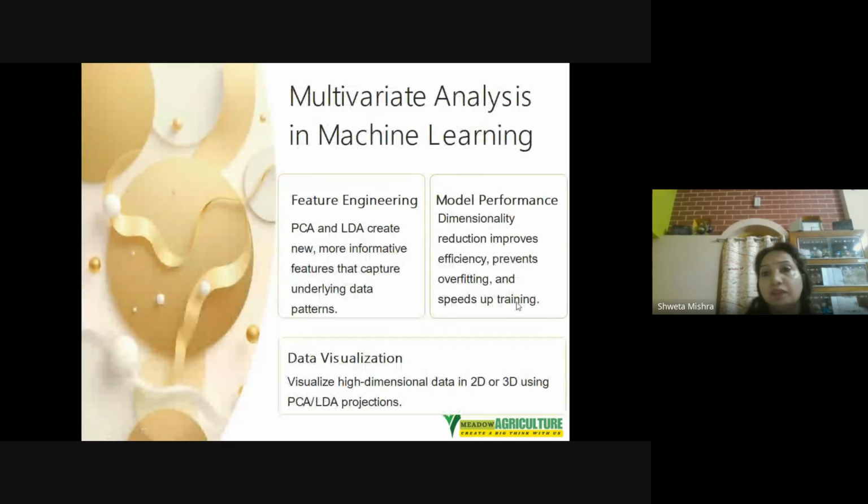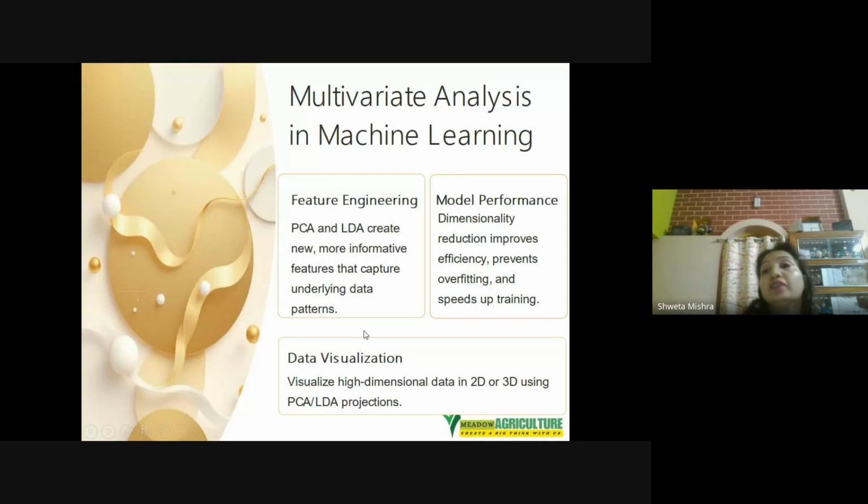With the help of machine learning, we will be able to understand feature engineering. We can say extracting really informative or useful data, actually important data, so we can understand from all that big data which data is important and how we are going to use that.